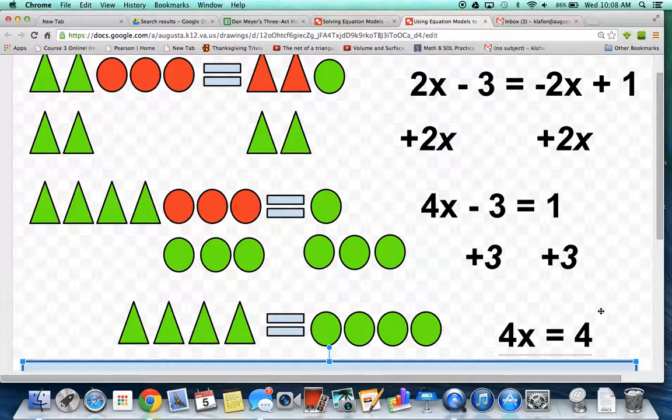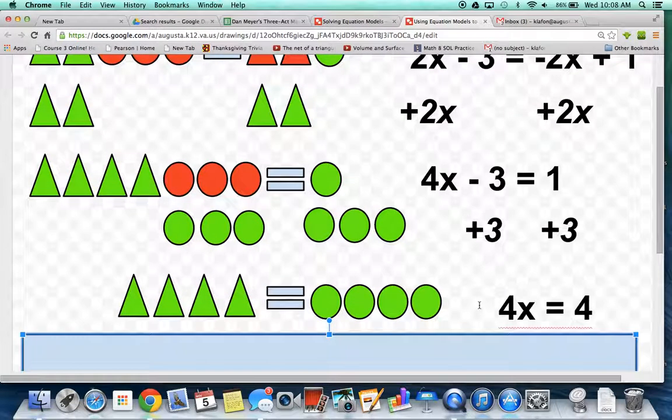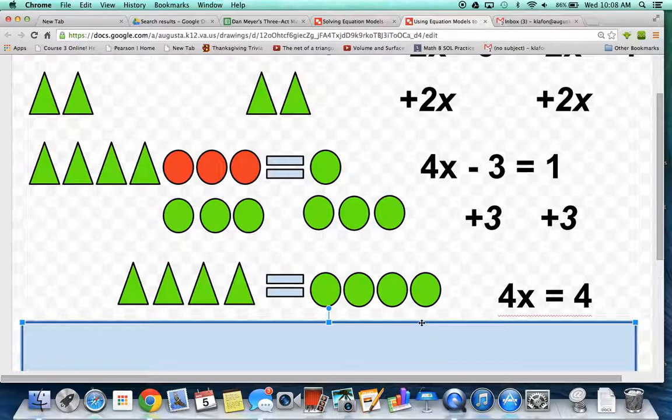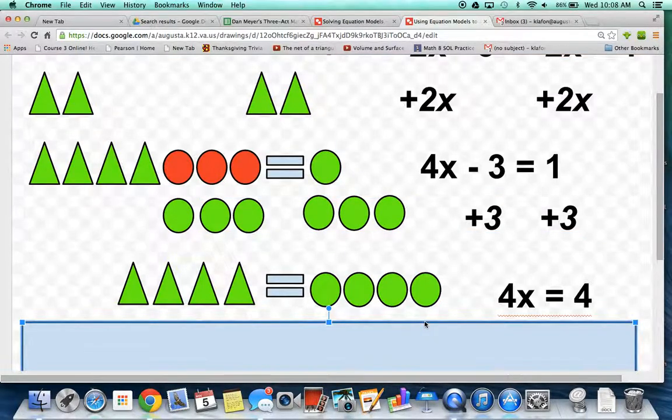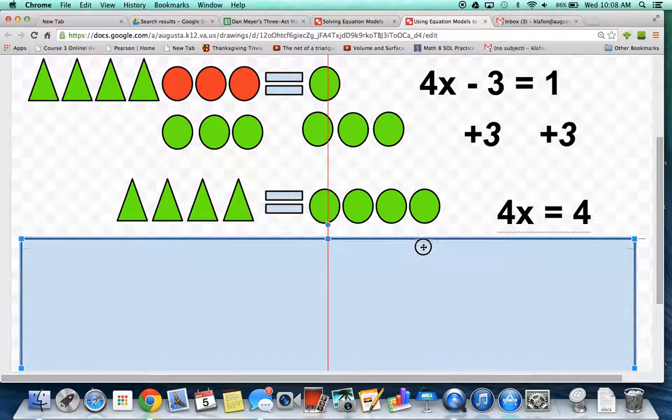Now, I want to figure out what each one of these x's is worth. So in my model, I want to know what is the value of each triangle. How many circles is each triangle worth? And since it's 4 triangles equaling 4 circles, I know that each triangle represents 1 circle.